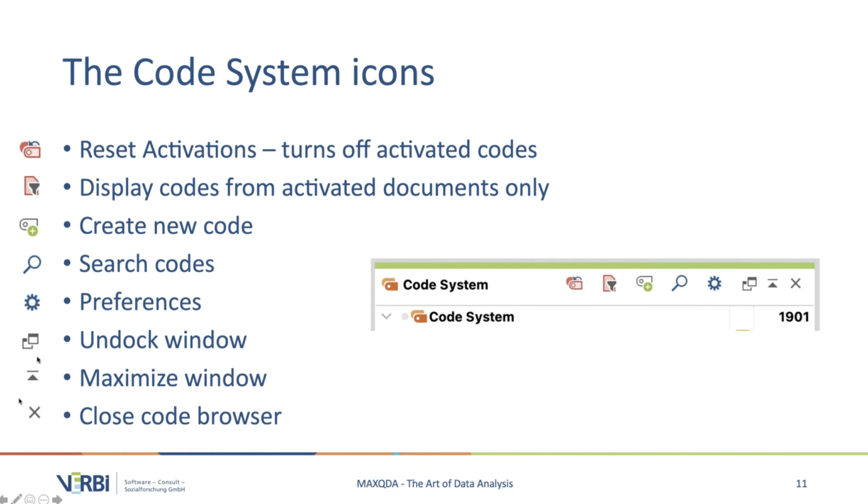And the ability to undock the coding system window, so it's a separate window in MAXQDA, or to maximize it to take the full screen, or to close the code browser itself. So those are the icons we talked about last week. We will use several of them today.